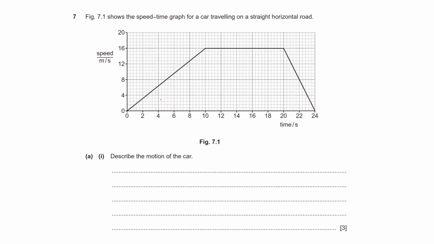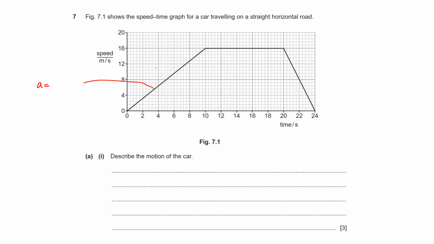If I see from here, the car is accelerating for the first 10 seconds, then it moves with constant speed and then decelerates in the last 4 seconds. So what's the acceleration here?